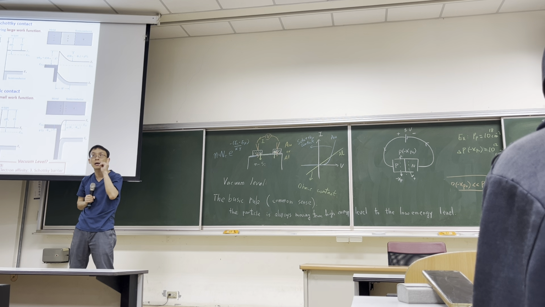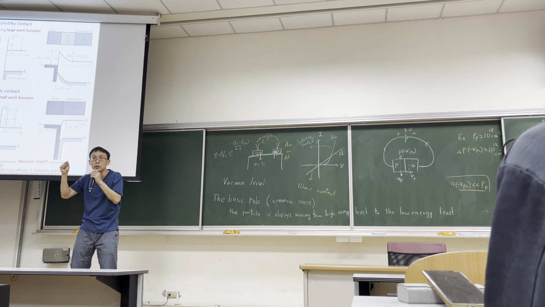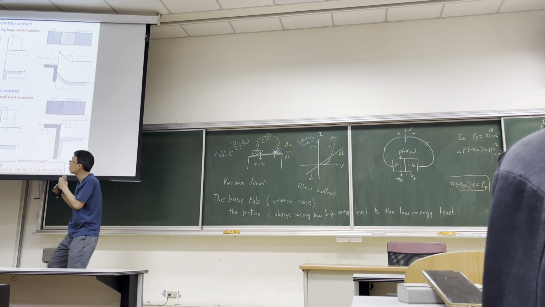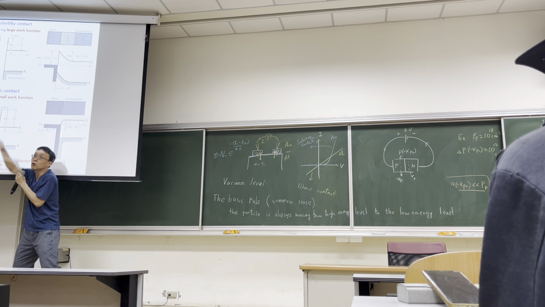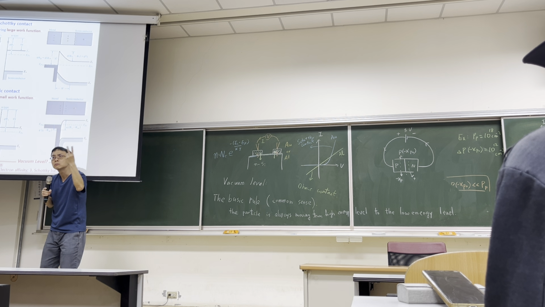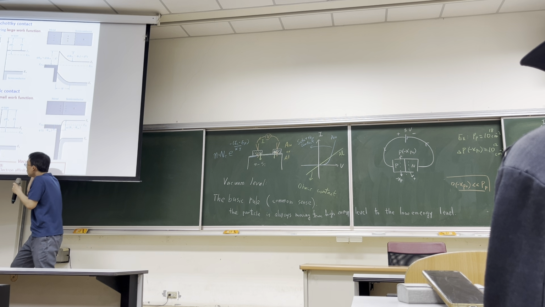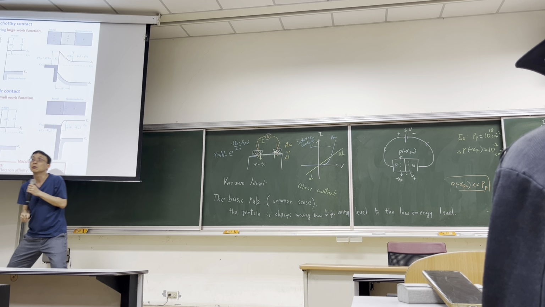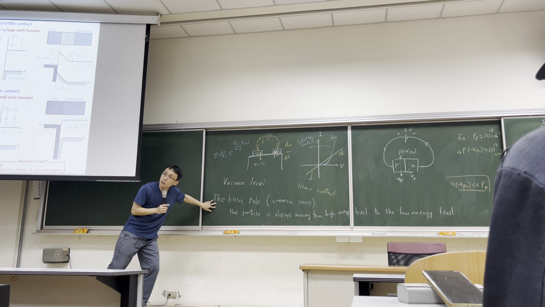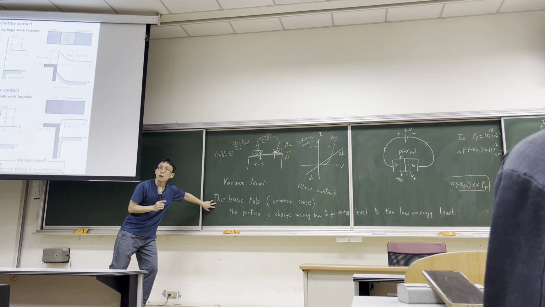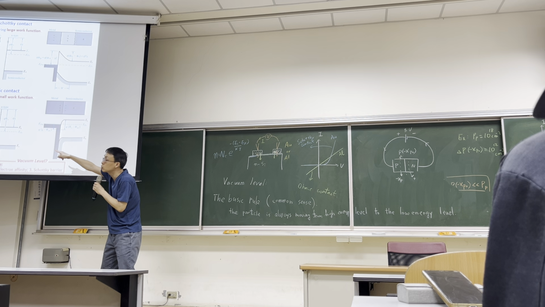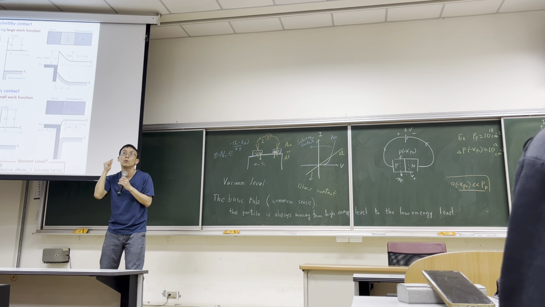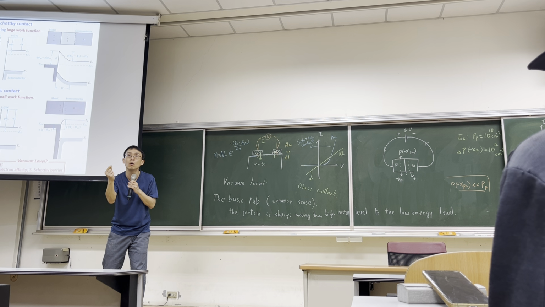Okay, if you are clear about the direction of electron traveling, either from metal to semiconductor or from semiconductor to metal, only two choices, this direction or that direction, by common sense. Because as long as you know electrons always go from the high point to the low point, you will know the right direction of the electron flow.